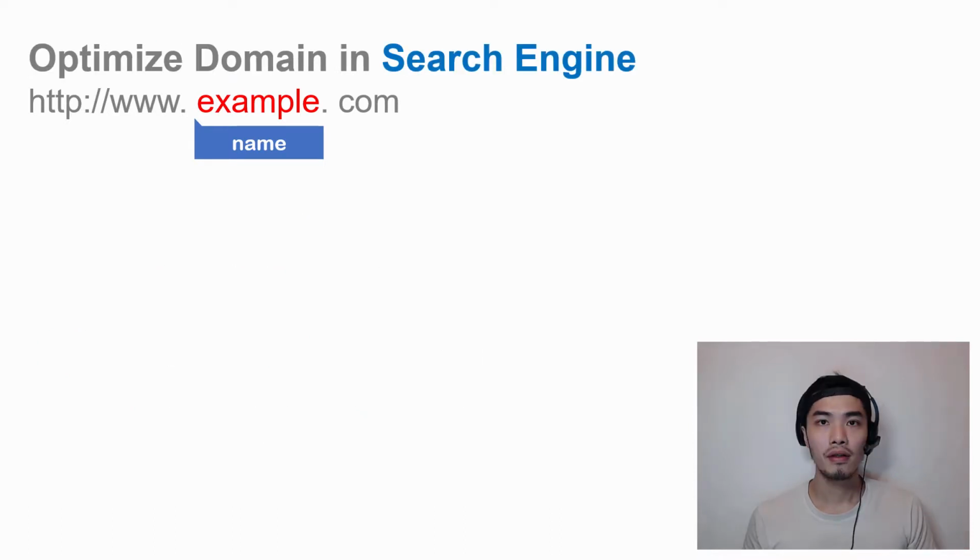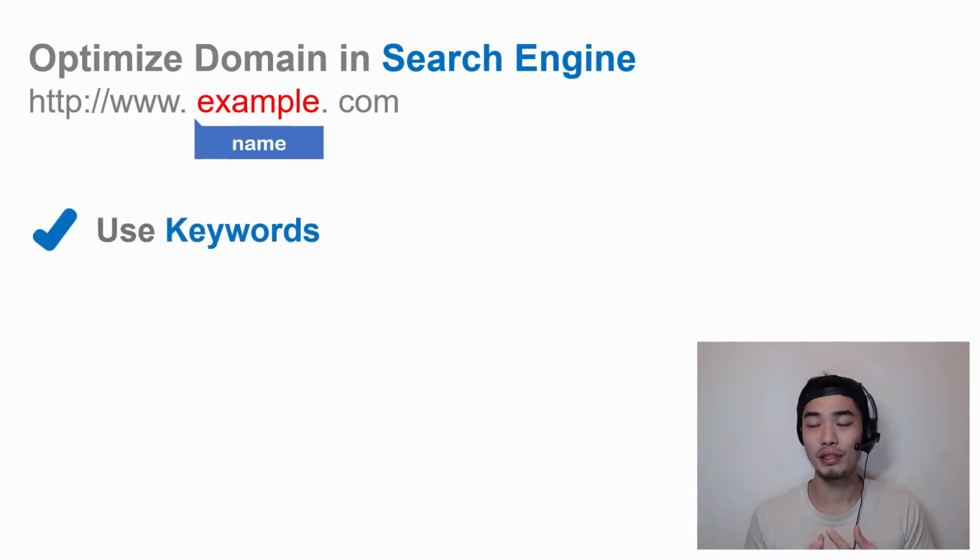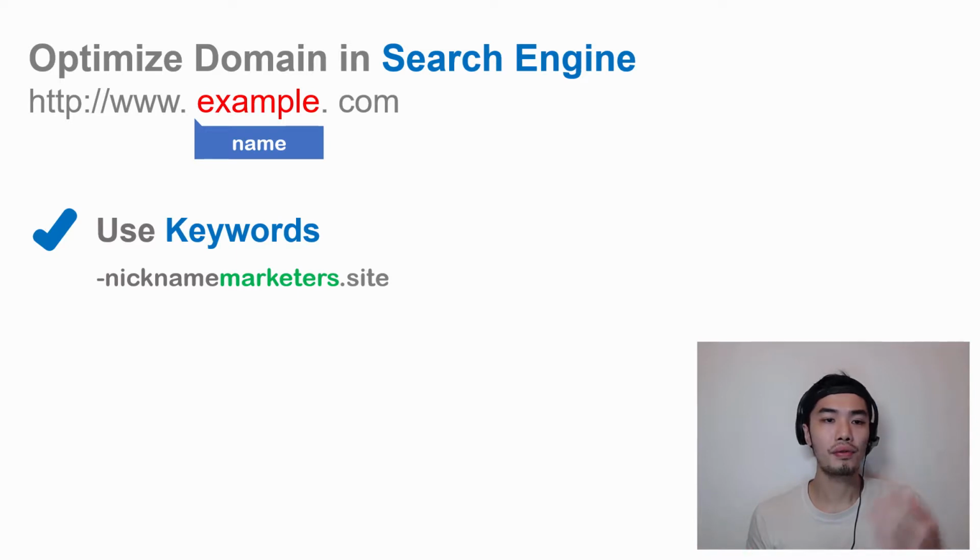Right now I'm going to teach you two key tricks on how to optimize your domain name in the search engines, Google, Yahoo, and others. The first one is to use keywords. If you're doing marketing, of course you're going to put marketer inside. So nickname marketer.site.